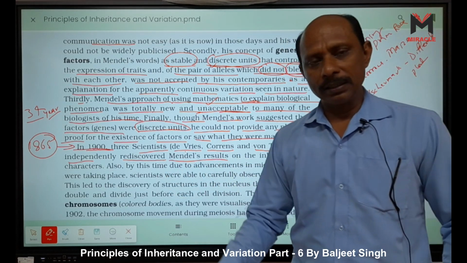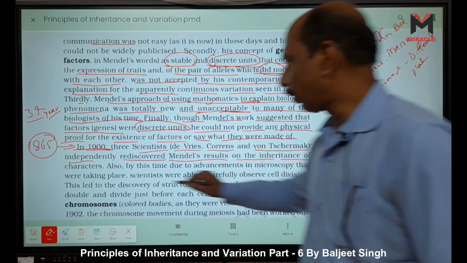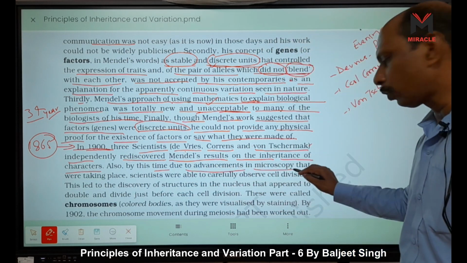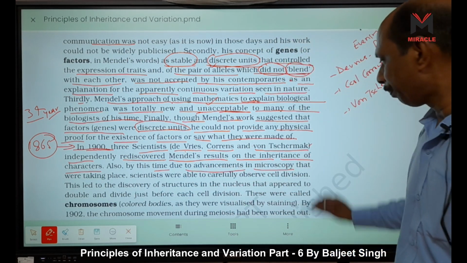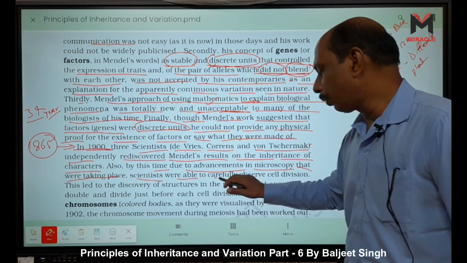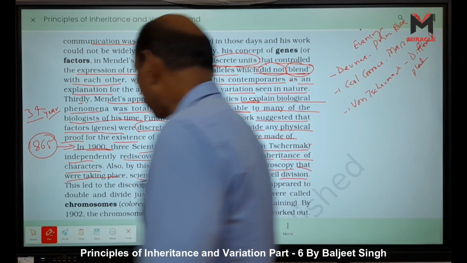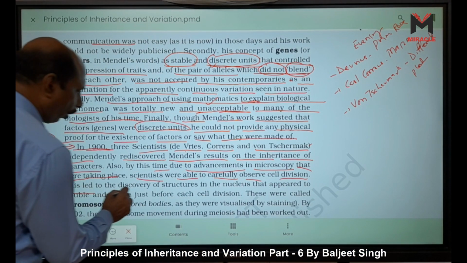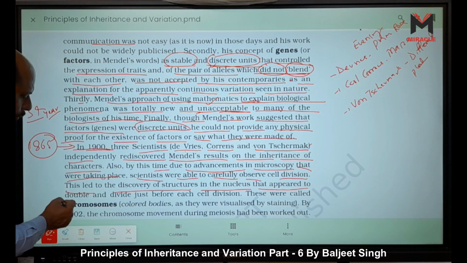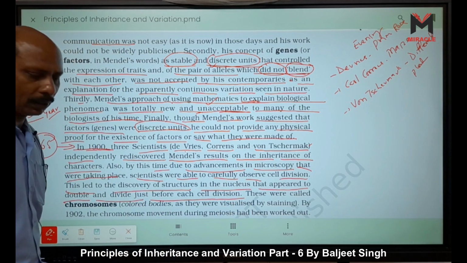Independent means in their own countries, right? On the inheritance of characters. Also by this time, due to advancement of microscopy, because microscopy had been invented, scientists were able to carefully observe cell division, right? This led to the discovery of structures in the nucleus that appeared to double and divide just before each cell division.